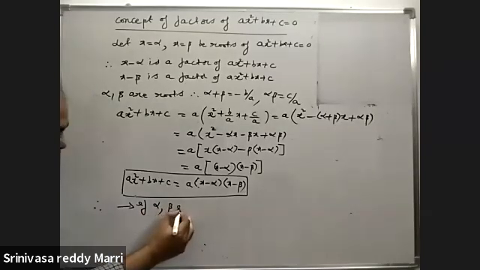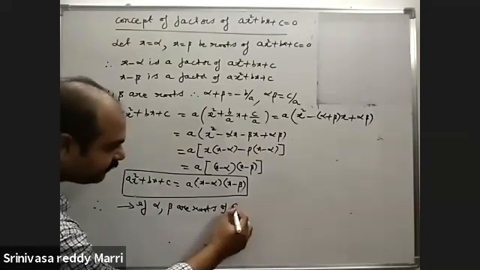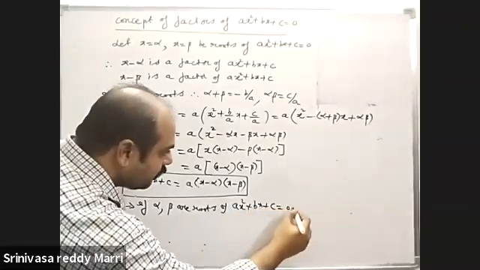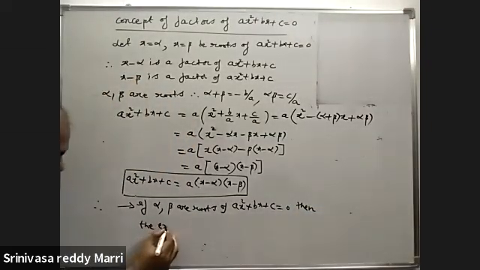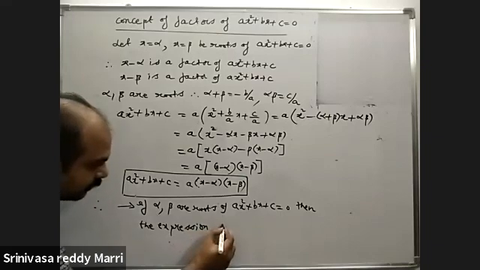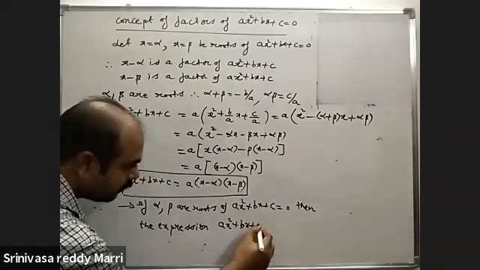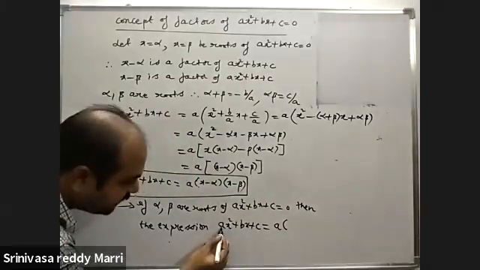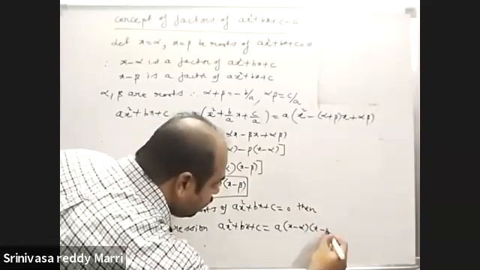If alpha, beta are roots of this, the final point you have to remember is, then the expression can be written as a into x minus alpha into x minus beta.